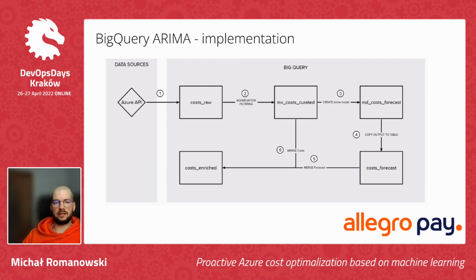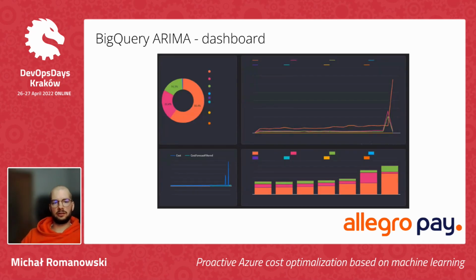And we transfer the data to a new table called costs curated. Then we are creating a new model, which is a separate object in BigQuery. In the fourth step, we are copying the forecast to a new table. And the two last steps are about merging the historical data with the forecast and putting those results into a new table called costs enriched.